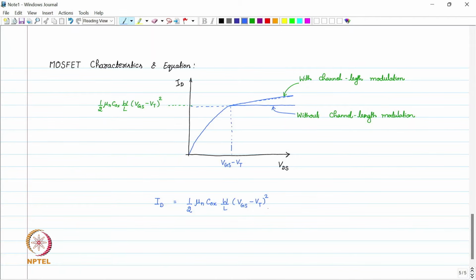So this is the value of current without channel length modulation, and one more factor is included in this to consider the effect of channel length modulation, which is 1 plus lambda VDS.